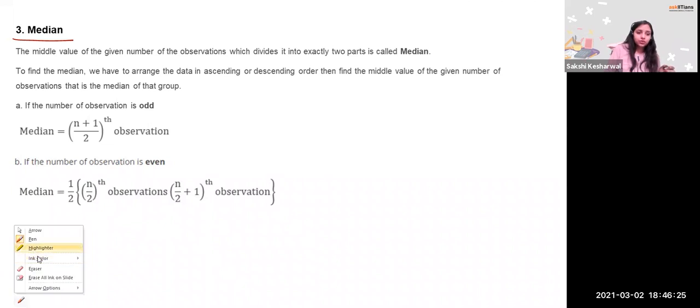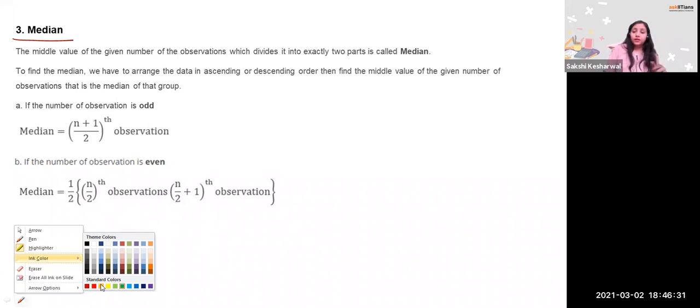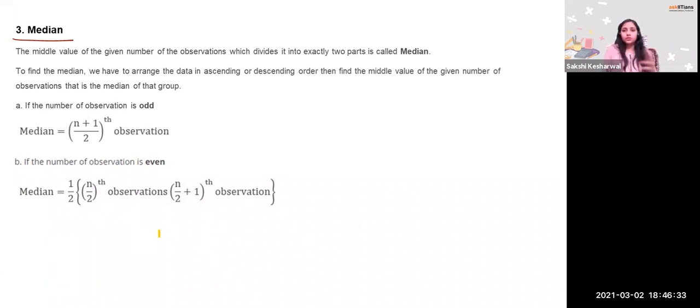Right now we have just taken the observations, and random observations are written. While finding the median, this is very, very important: we have to arrange the data in ascending or descending order.